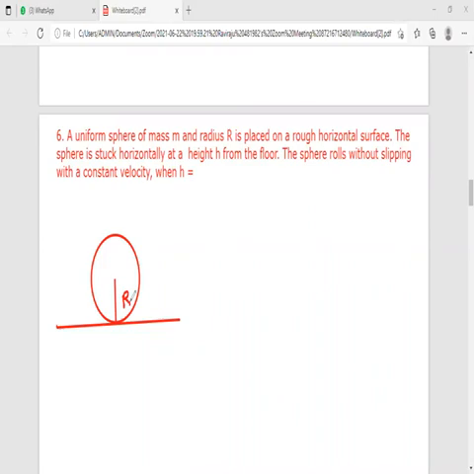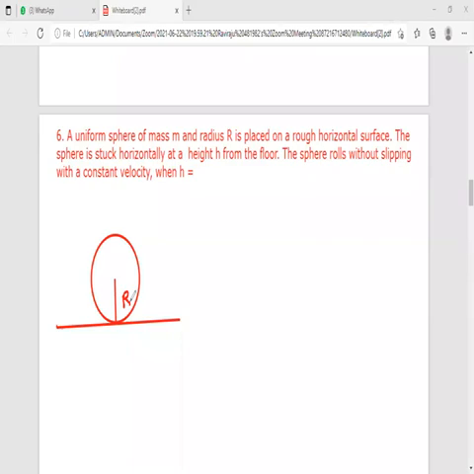The sphere rolls without slipping. Rolling means that if it were a very smooth surface, the body would definitely slip on the surface. But if the sphere is rolling, friction is acting there.